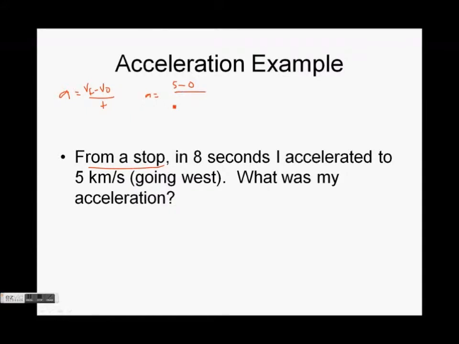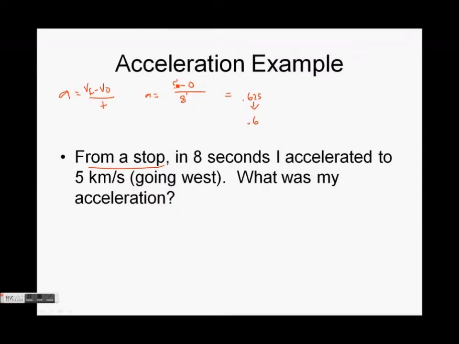My initial, I said I was at a stop, so my initial was 0, divided by the time it took, which was 8 seconds. I divide that out, and I get 0.625. Remember, I need to round to significant digits. The 8 has 1, the 5 has 1, so my answer can have 1, so 0.6.